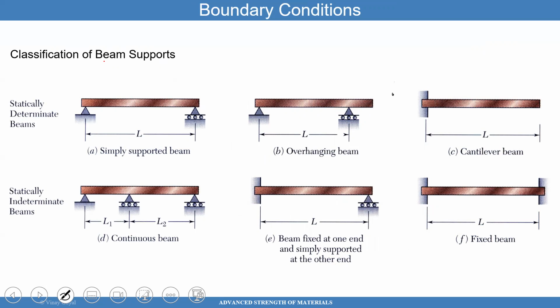The simply supported beam is A, the overhang beam is B, then you have the cantilever beam on the right-hand side, C. If you look at this boundary condition, the deflection is known to be 0, the vertical deflection, but the rotation is not known. That's something you have to calculate.